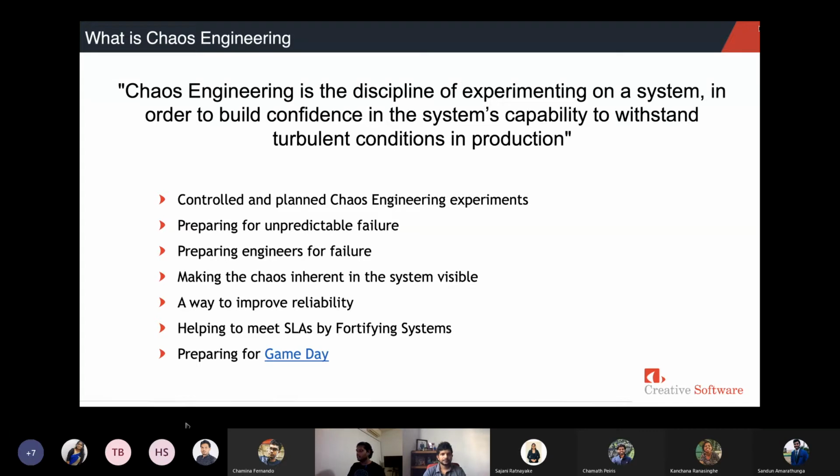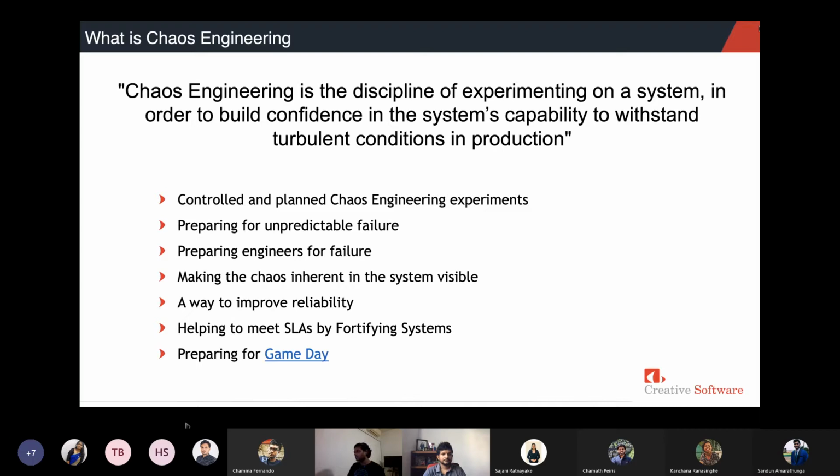What will happen if a couple of nodes went down? How would Elasticsearch cater to these missing pods, missing instances, and how will it handle the load going forward? This kind of testing is included in chaos engineering.